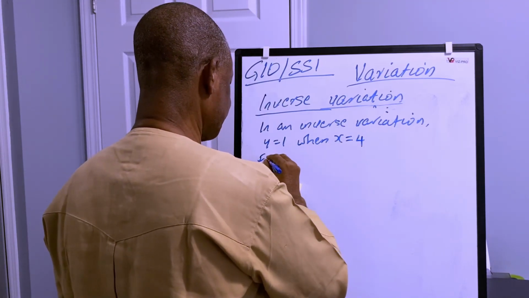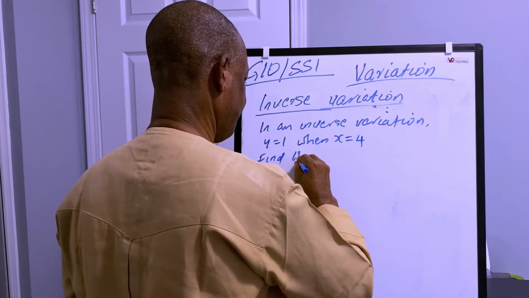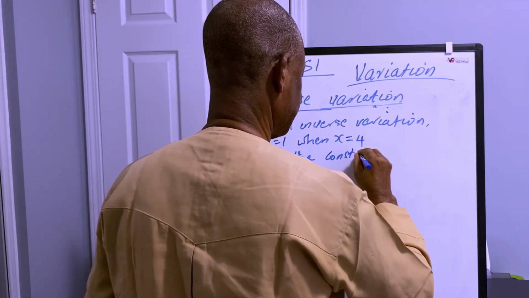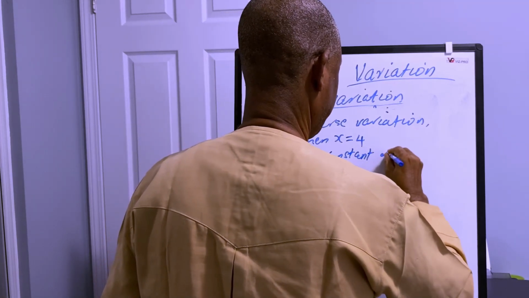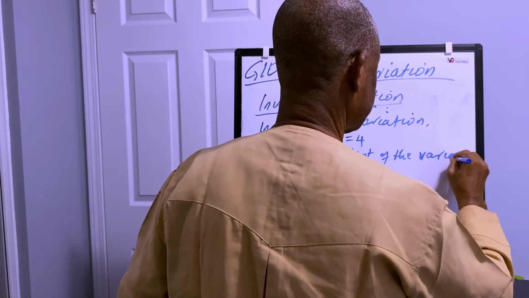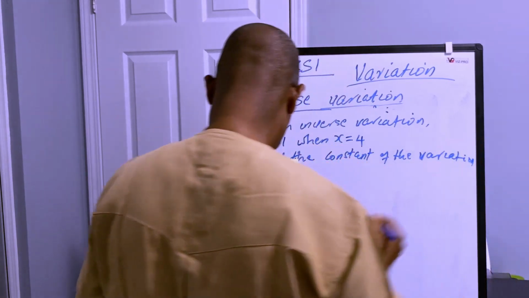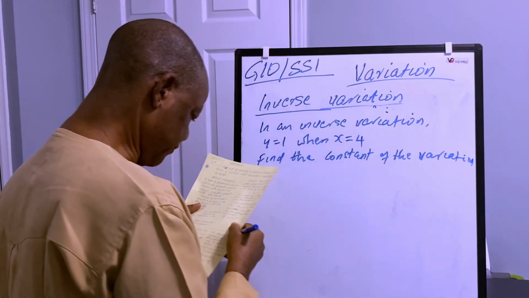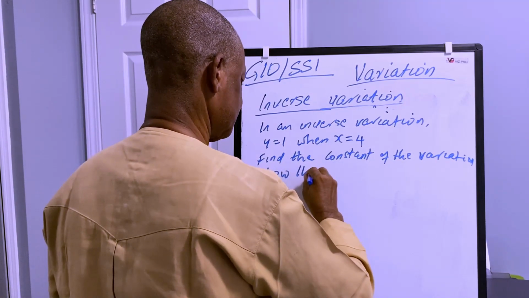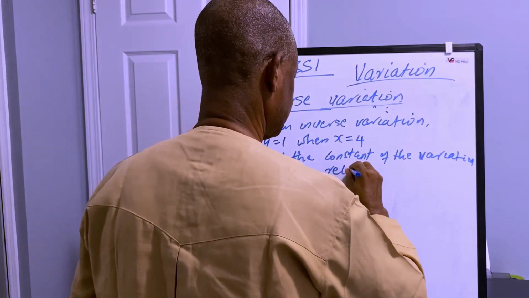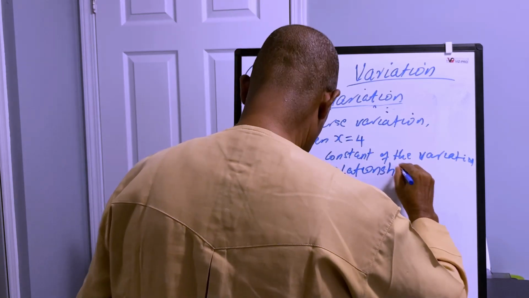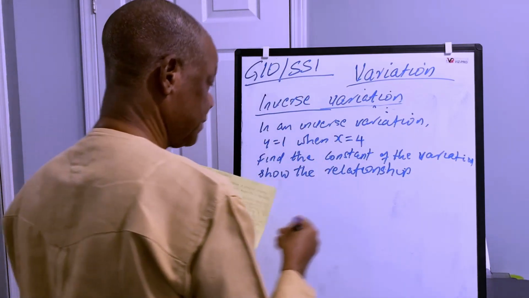So we are expected to find the constant of the variation. Thereafter, we are expected to show the relationship between x and y.